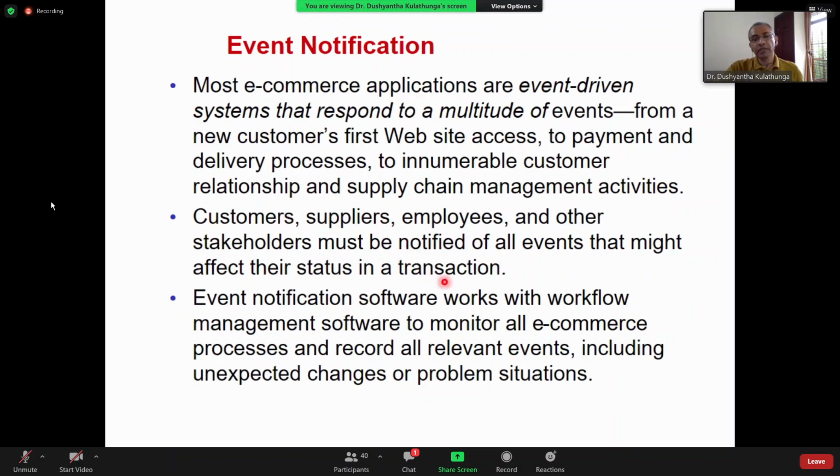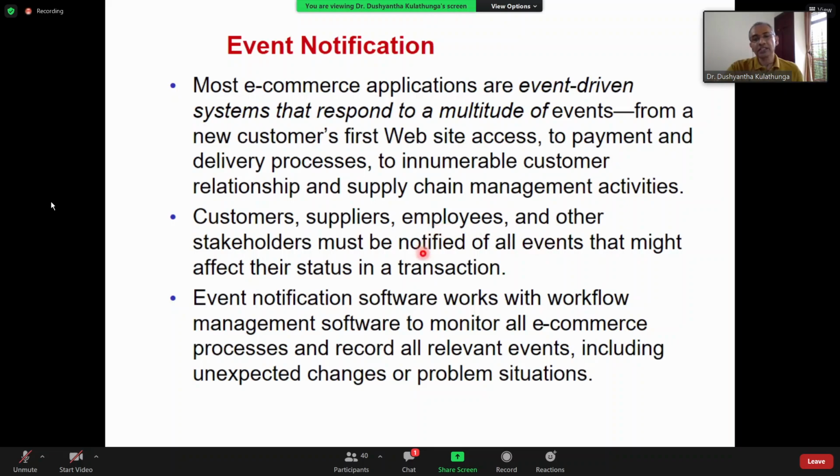Again, a customer may be promised delivery of the order within 5 days, but due to some problem in the transportation network, there can be some delays. The customer is expecting it to reach within 5 days, but now it is inevitable that you can't supply it in 5 days.